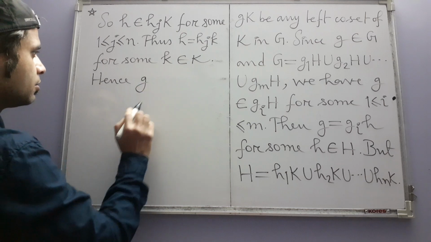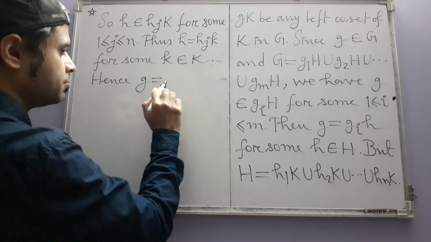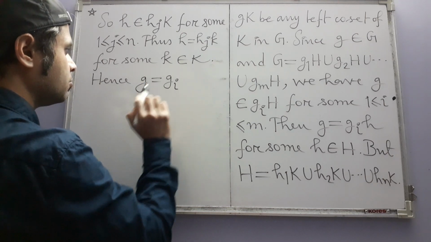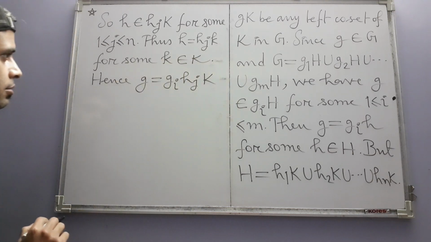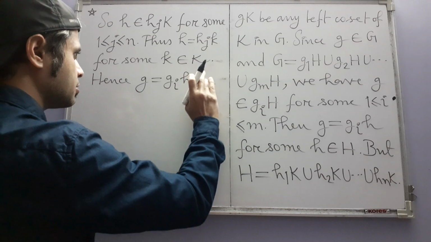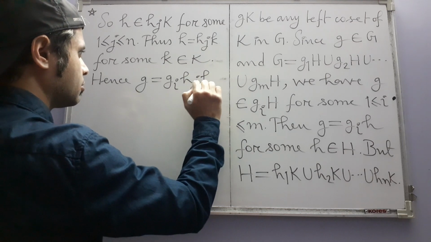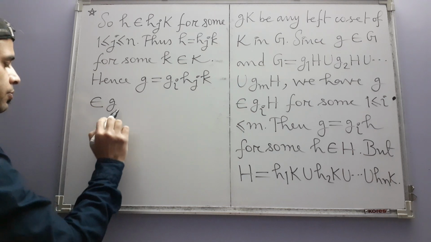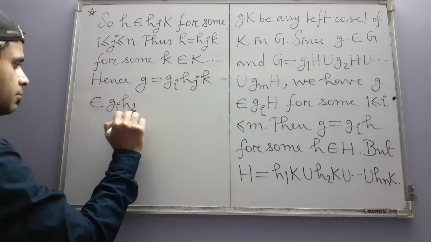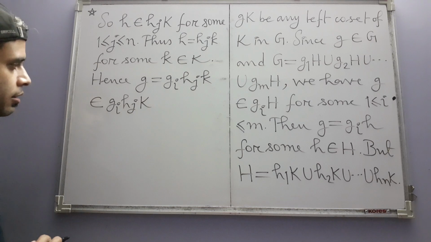Hence, g is equal to gi hj k. This k is the element k, and that's why g belongs to gi hj K.